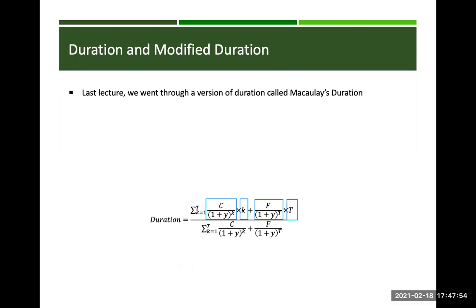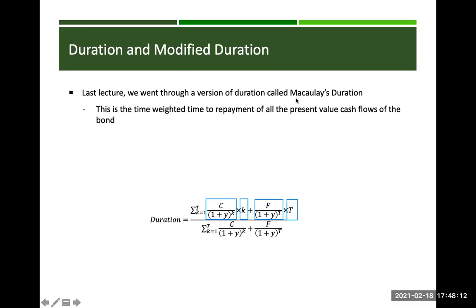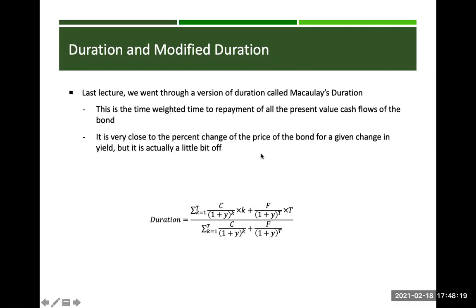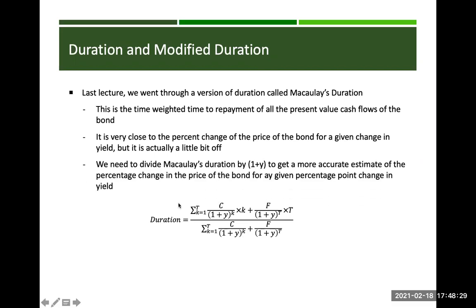And so the way that people explain Macaulay's duration, it's the weighted average time to repayment. The higher that number is, the more price sensitive the bond is to changes in yield. It is very close to the percent change in price for any given change in yield, but that is modified duration.